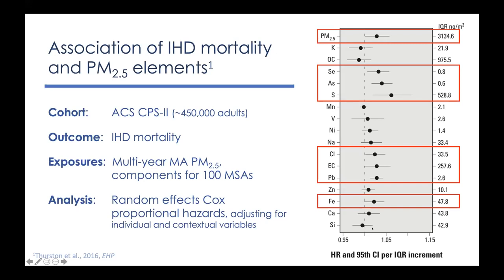We can also see in the other red boxes the components that were also found to have significant associations between their long-term component concentrations and increased IHD mortality. And these components deal with sulfur and its correlated or related components, selenium and arsenic, as well as chlorine, and to a marginal extent EC, lead, and iron.